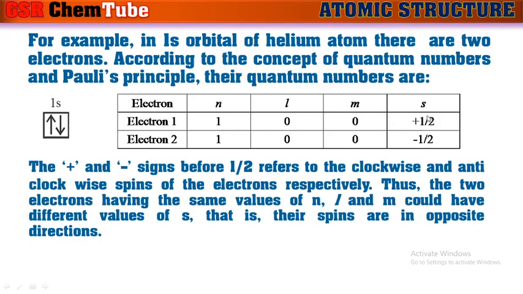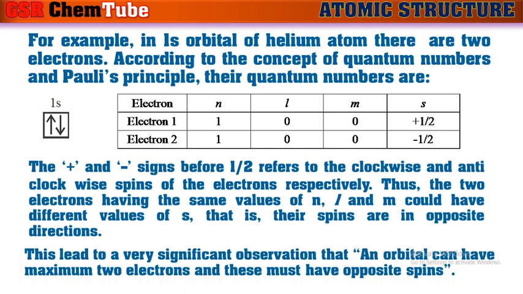The plus symbol before half represents the clockwise spin of the first electron, and the negative symbol represents the anticlockwise spin of the other electron respectively. Thus the two electrons having the same values of n, l and m have different values of s, that is, their spins are opposite in direction. This leads to a very significant observation that an orbital can have maximum two electrons, and these two must have opposite spins.